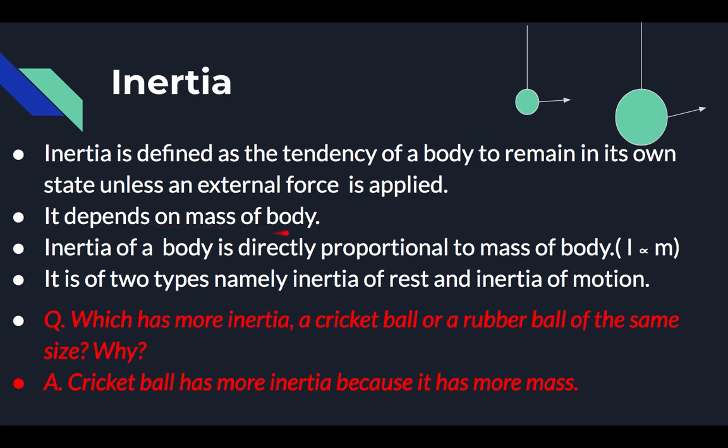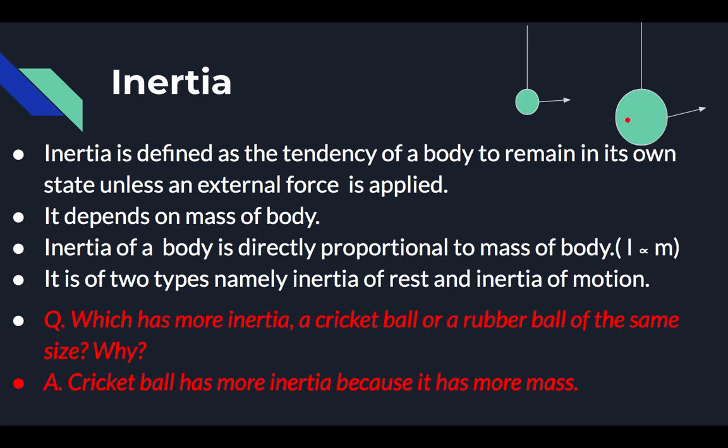And it depends on the mass of the body. For example, here I have drawn two spheres, a small sphere and a big sphere. So we can see this small sphere has small mass, and this big sphere has big mass. Right now they are just hanging here, so they are in a state of rest. Since they are at rest, they have inertia of rest because they want to be at rest.